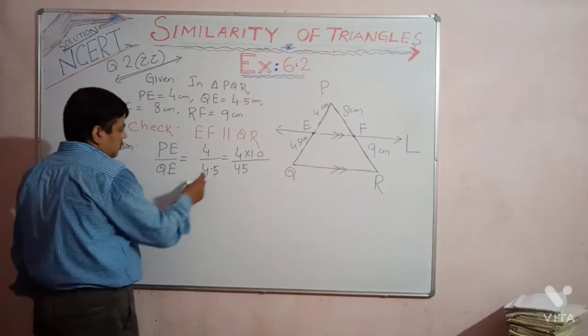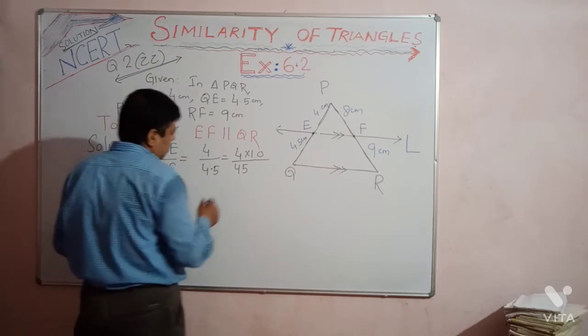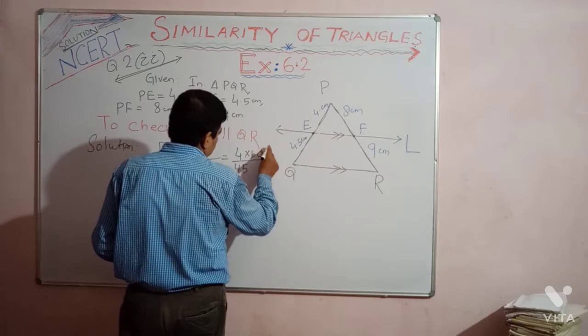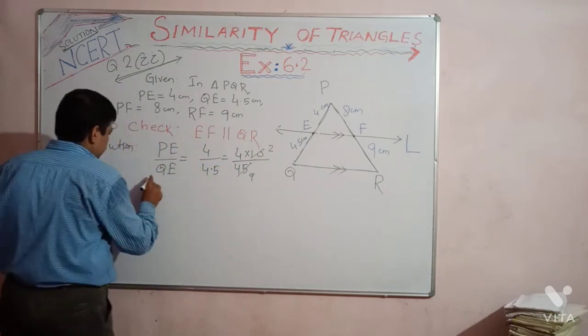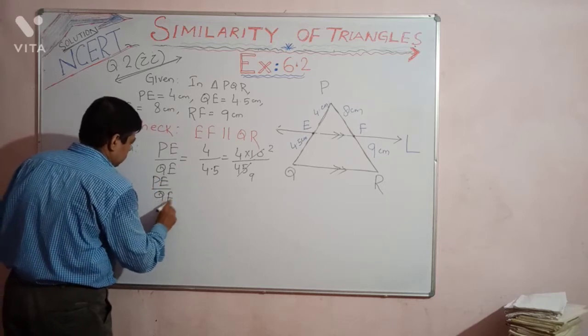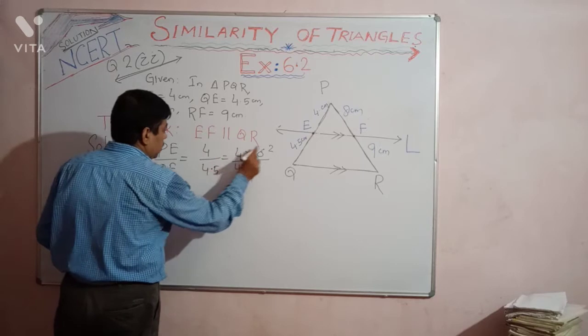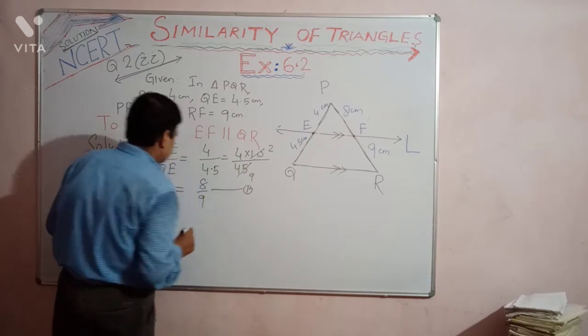Now you cancel: 5 2s are 10 and 5 9s are 45. So PE upon QE is equal to 4 into 2, 8 upon 9. First one you got.